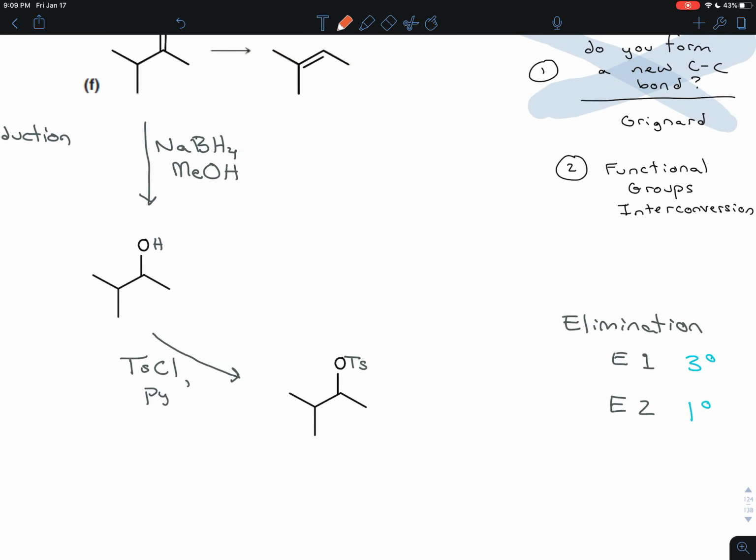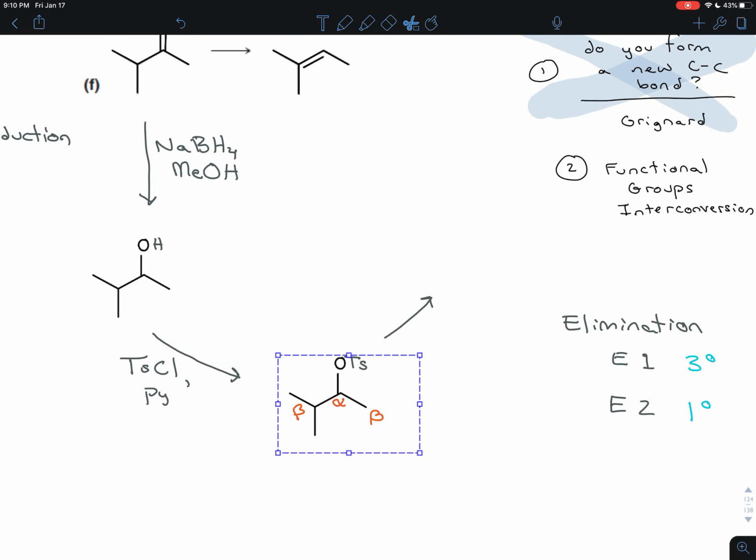Now this is where this exercise is more complicated than the last one. Look at the carbon that has the leaving group on it. That's the alpha carbon. Every carbon bonded to that is a beta carbon. We have a beta carbon to the right and a beta carbon to the left. So theoretically, we could do an elimination in either direction.